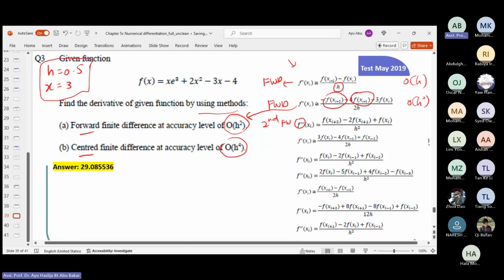You need your x value, meaning your starting point, and you need the h value, the distance, the step size. This is the equation involved for higher order.